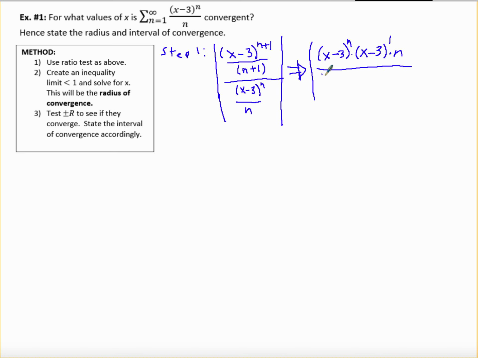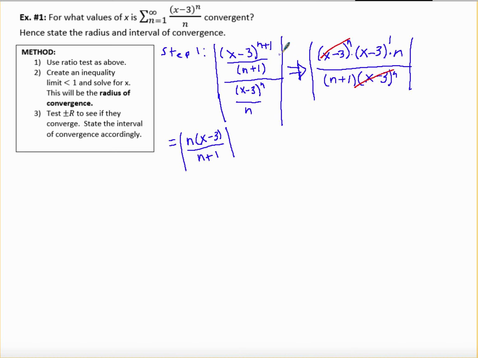Then we divide, and I've got n plus 1 times x minus 3 to the n. Okay, we got some simplifying we can do here. My x minus 3's to the n powers are going to reduce to 1. And let's see what I have left. I've got n times x minus 3 divided by n plus 1.